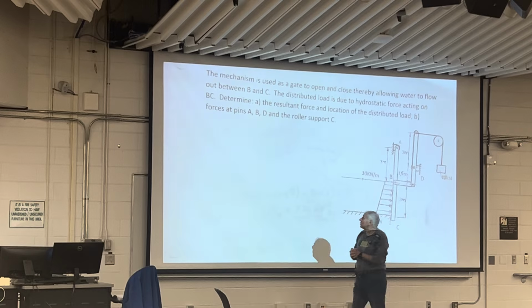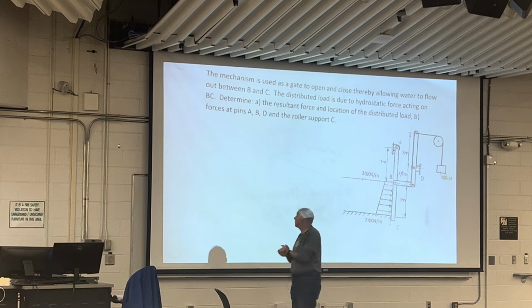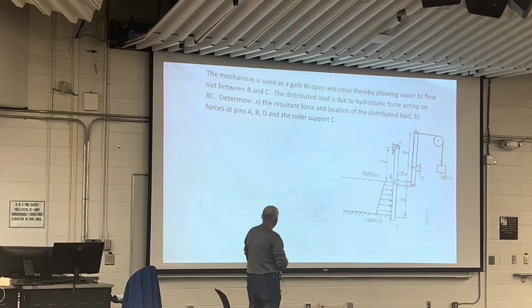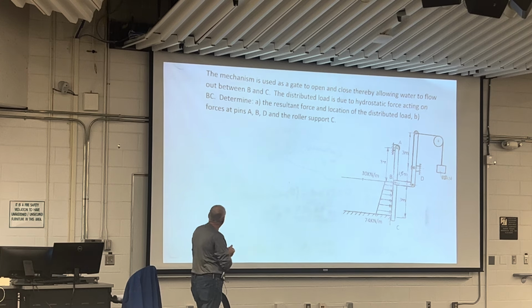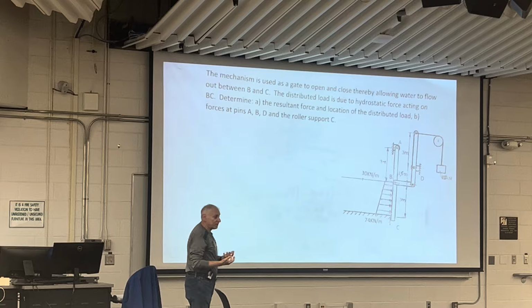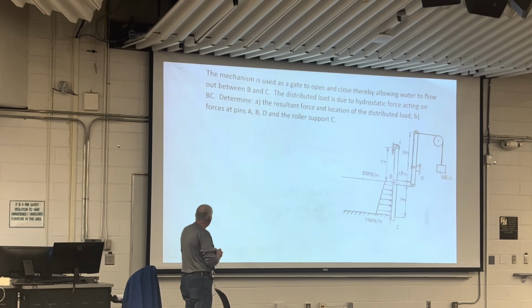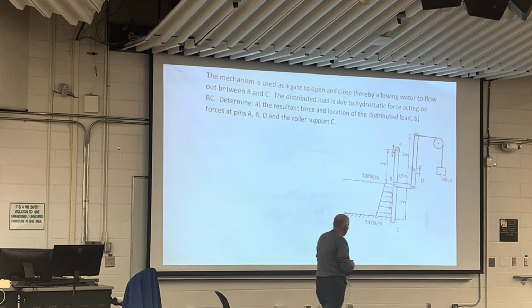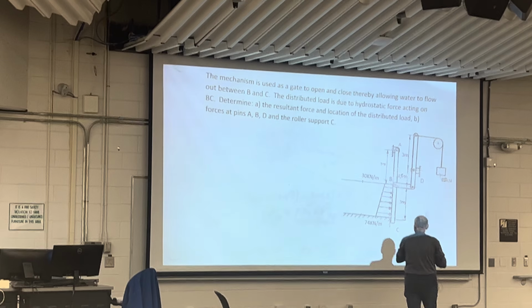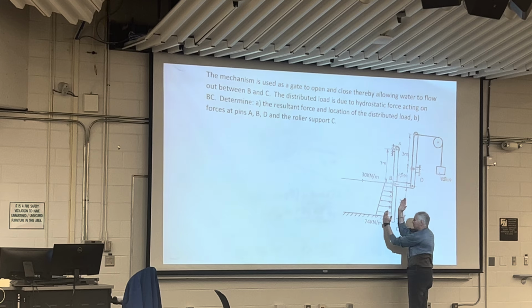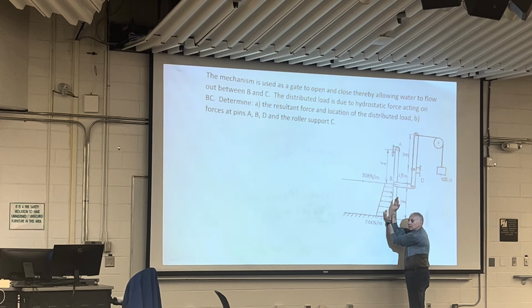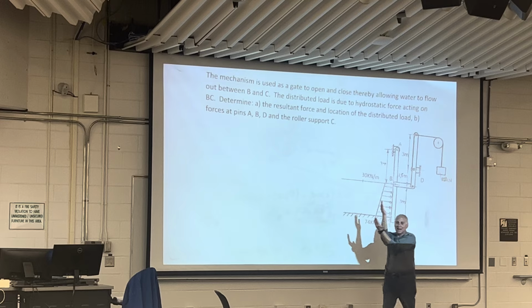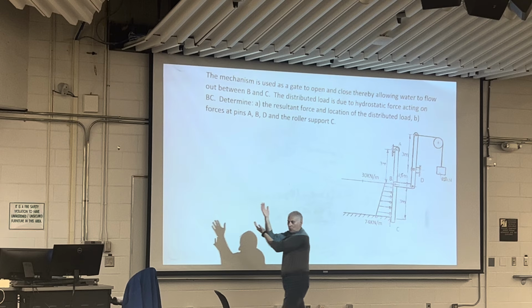All right? Determine the resultant force and location of the distributed load, which is again something that you have to do. Forces at pins A, B, D, and the roller C. You don't see a roller, but when I have an object just pinned against something, basically touching, that in essence is a roller.